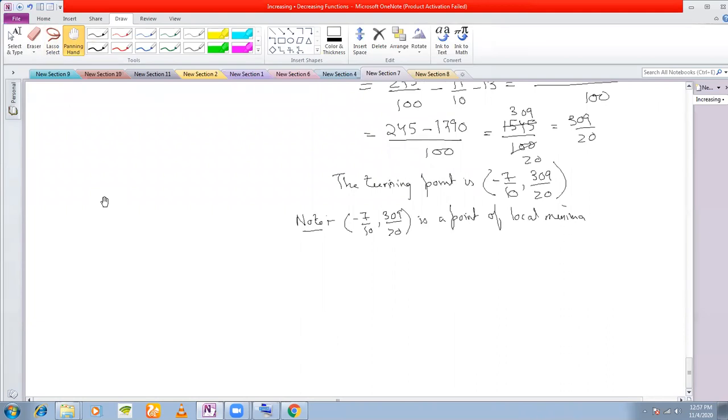I will come to it a little later. This is actually called the first derivative test. When we are not only determining the turning point, but also determining whether it is a maxima or minima, just one step ahead, then it is called the first derivative test. I will come to that a little later.